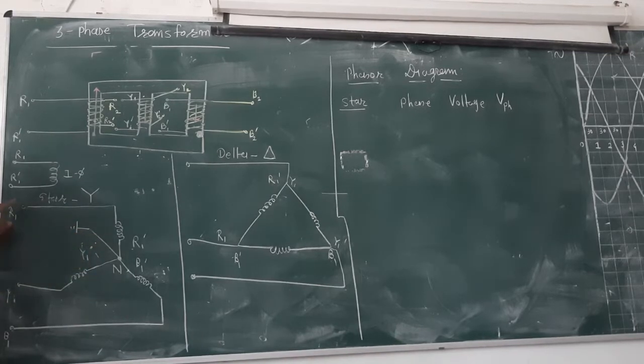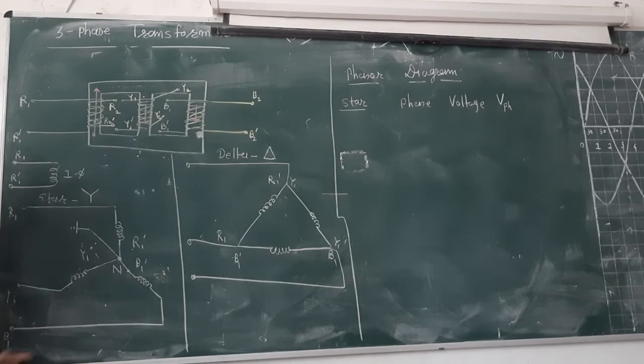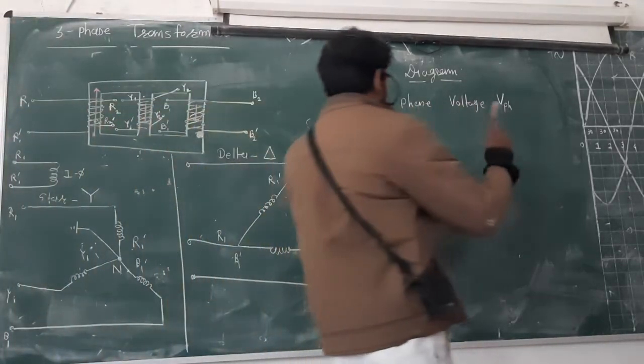But if I apply the voltage not between phase and neutral, but phase to phase, this phase to that phase, then what we call it is line voltage. So here is the line voltage, line voltage, line voltage. What is the phase voltage? The voltage across each winding is called the phase voltage.